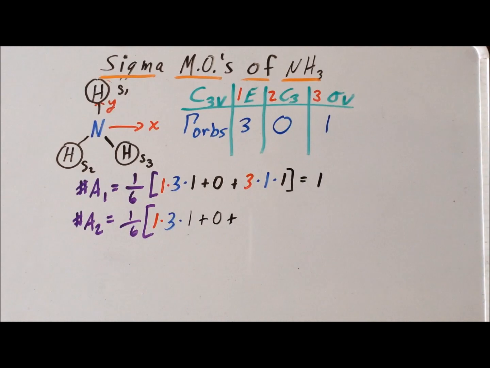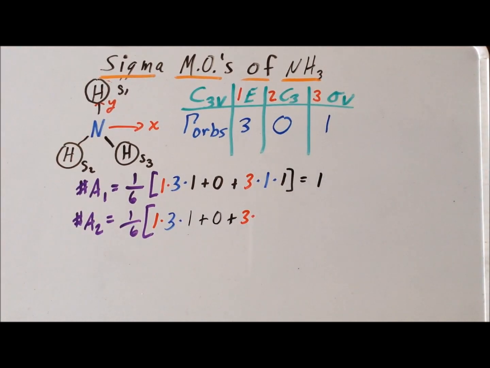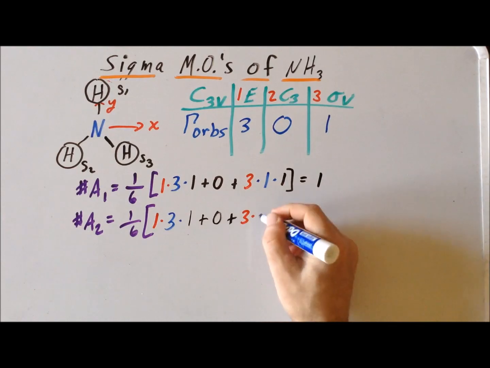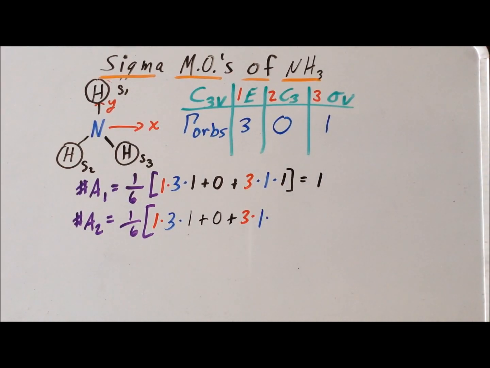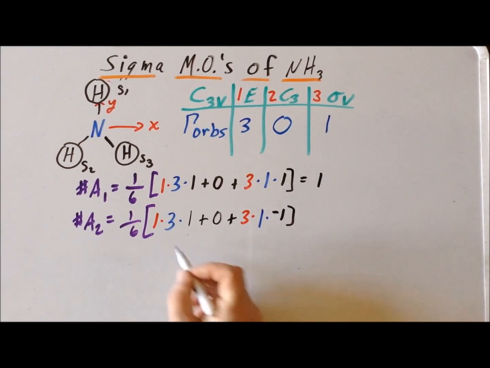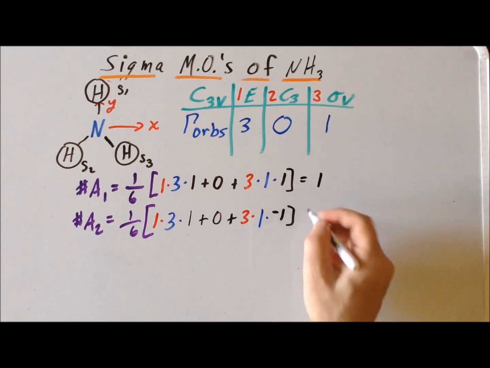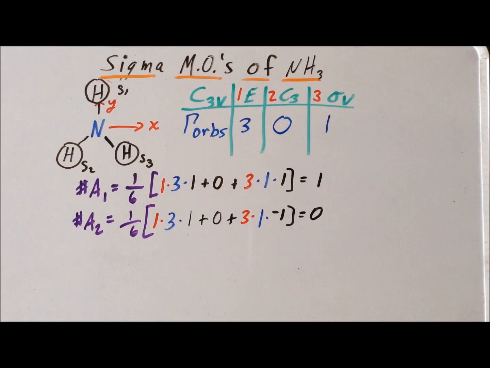Then for the sigma V class, the final class, we have 3 operations in the class. The character of the reducible representation is 1. And the character from the irreducible representation for A2 is a -1. So here we have 3 minus 3 is 0. So there are no A2 irreducible representations included in gamma orbs.